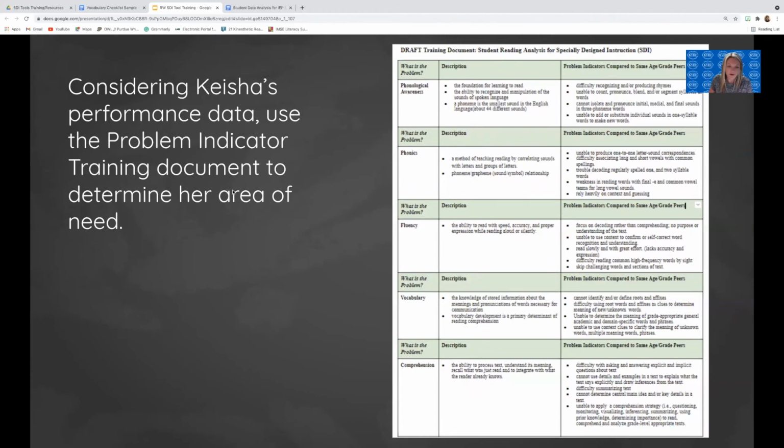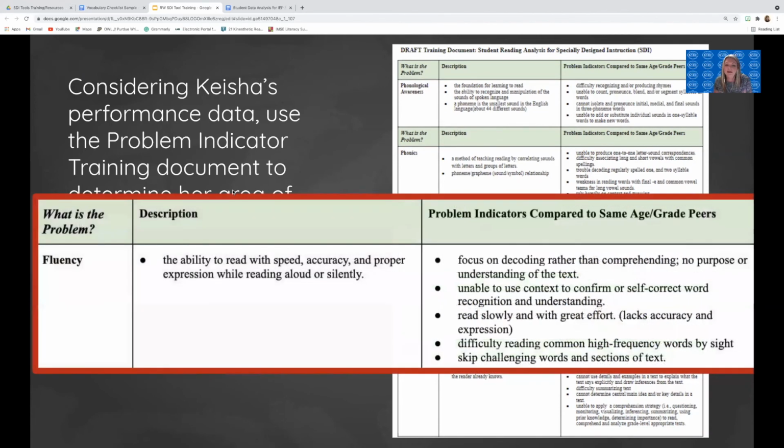So when we were working through this, we were looking at maybe we could focus on the fluency piece of it, because it says that she decodes with 50% accuracy. So she's probably focusing on decoding rather than comprehending the text.